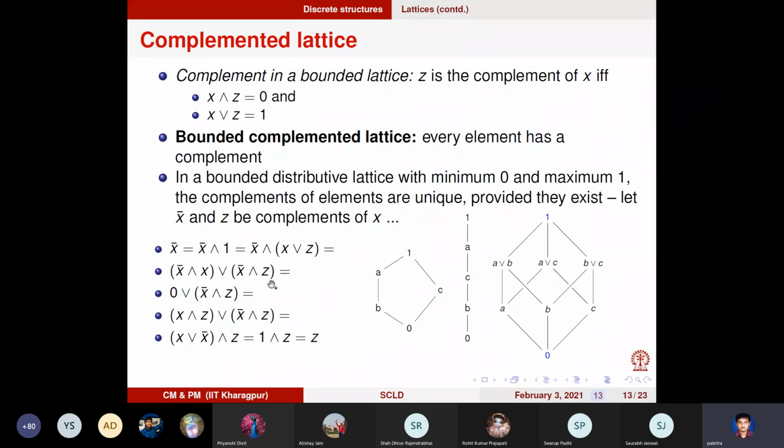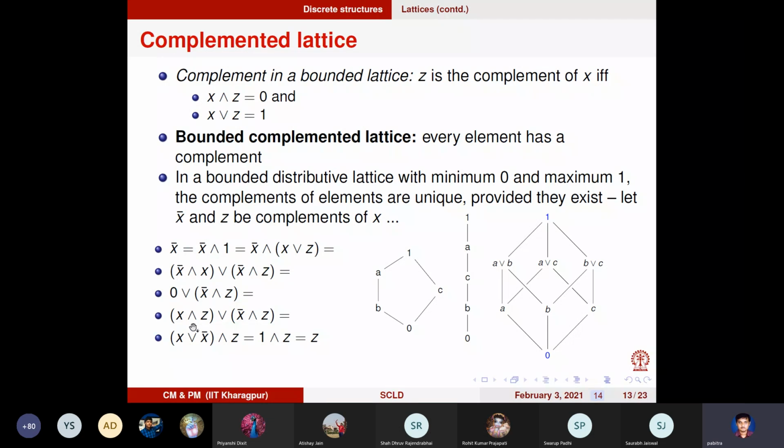So I get this. And so again, by definition, since X bar is a complement of X, X bar meet X will be 0. Now again by the same property, since 0 is the minimum, I can replace 0 by X meet Z. I can replace 0 by X meet Z.